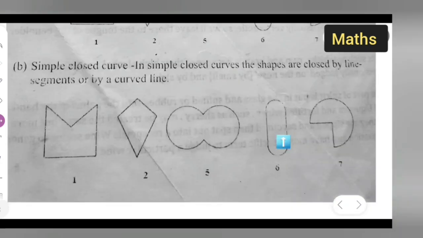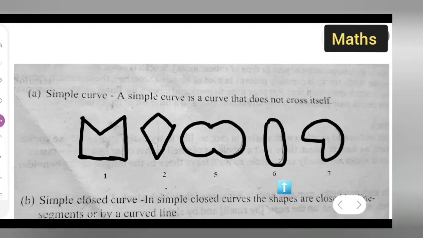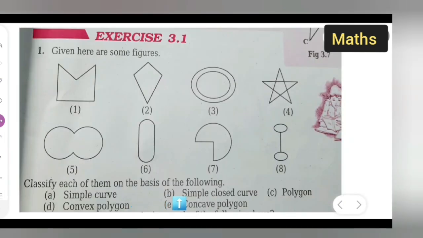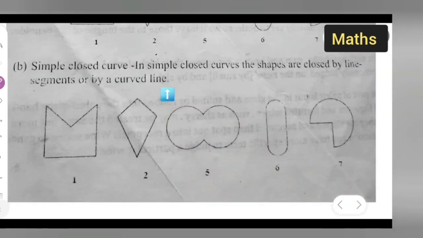Next, moving towards the next one, B, simple closed curve. In simple closed curves, the shapes are closed by a line segment or by a curved line. The first one from the figures is a simple closed curve. I hope you can see this clearly. Like this way, figure 1.